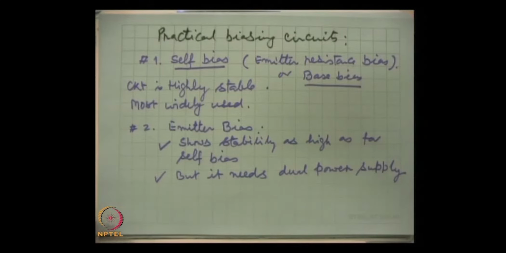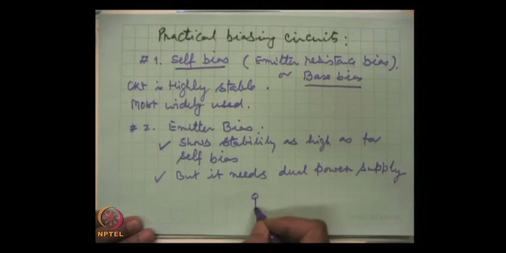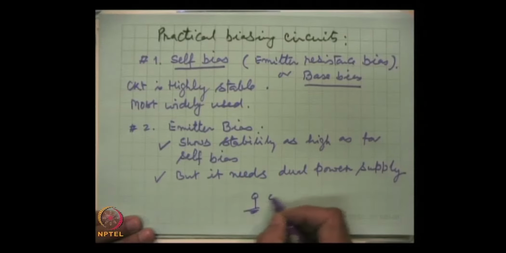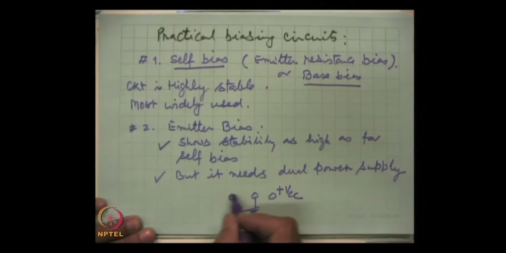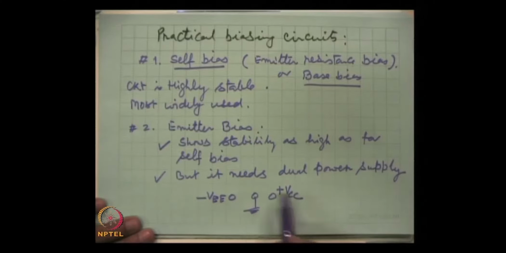2 voltages with respect to ground, this is ground and this is plus VCC and this is minus VEE. These 2 voltages with respect to ground, the power supply should be able to provide. For example, a plus 12 voltage and minus 12 voltage should be available, and both with respect to ground.